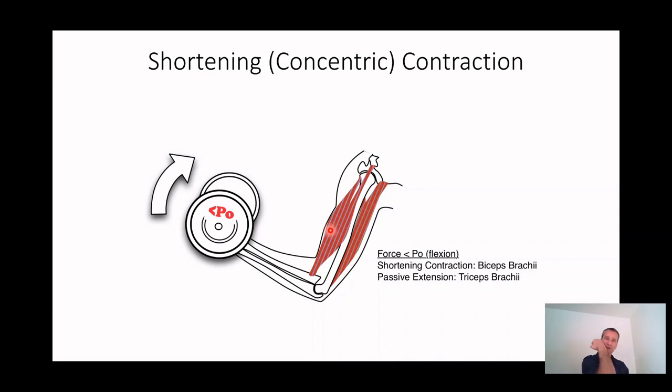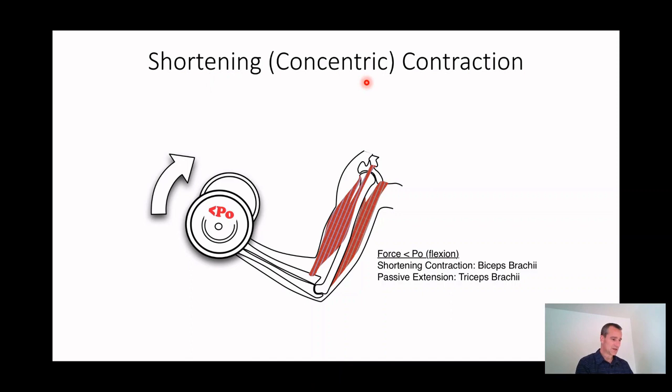Okay, in this situation, the tricep is not pushing, it's just relaxing and allowing the bicep to do its job. All right, so the bicep is doing a shortening contraction and the tricep is just relaxing. And it's going to be stretched by the bicep, but that's not what we're looking at. We're looking at this idea of the muscle that we want to target is now lifting a weight, and the muscle is shortening and the weight is moving back towards the body. All right, so this is what we call a shortening contraction.